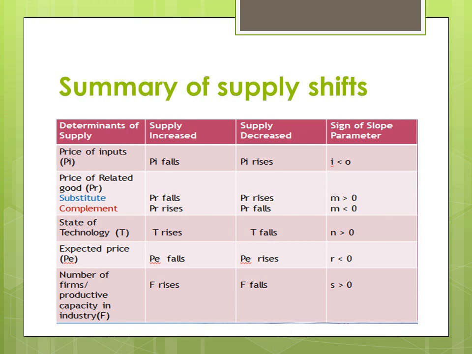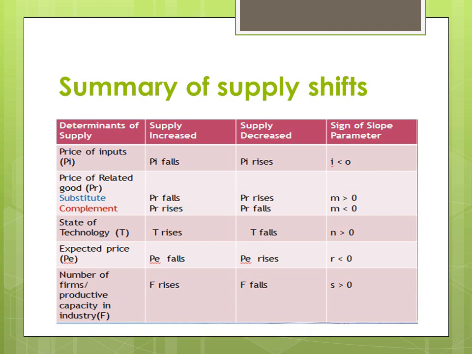So here is a negative relationship. And price of related goods: with substitute goods there is a negative relationship, and with complement goods a positive relationship. Here is some mistake. Here the sign of slope parameter m will be less than 0 for substitute goods, and for complement goods m will be greater than 0.